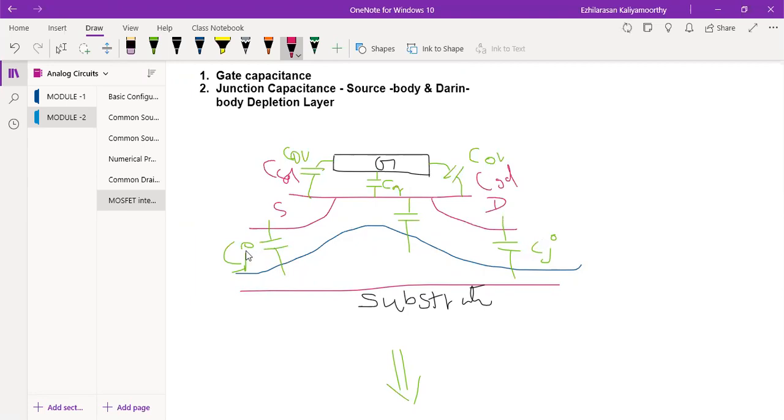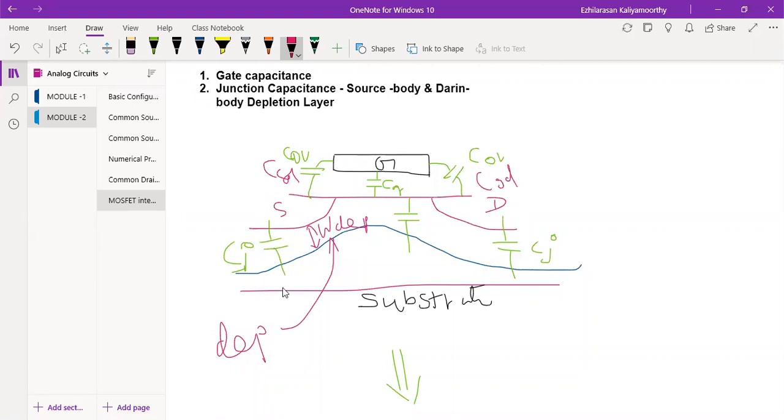Here we have two junction capacitances from the depletion layer. This is the depletion layer shown here, and this portion is the depletion width, W.